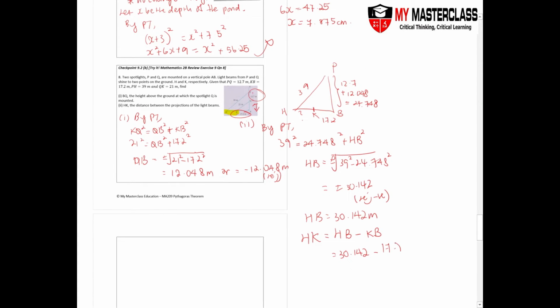So now you know that HB is equal to 30.142 meters. Am I right? So what is the question asking for? HK. So therefore HK equals HB minus KB, which is 30.142 minus 17.2, which equals 12.94 meters.